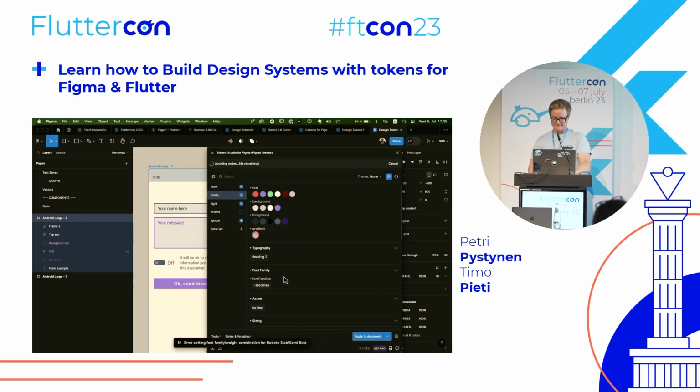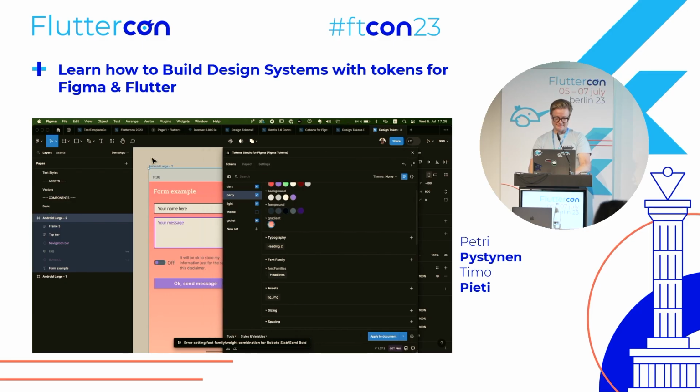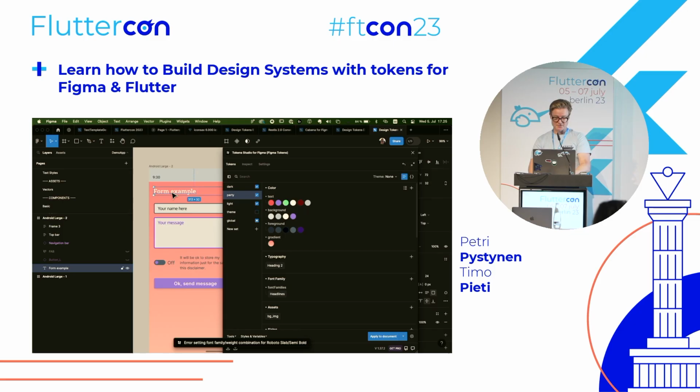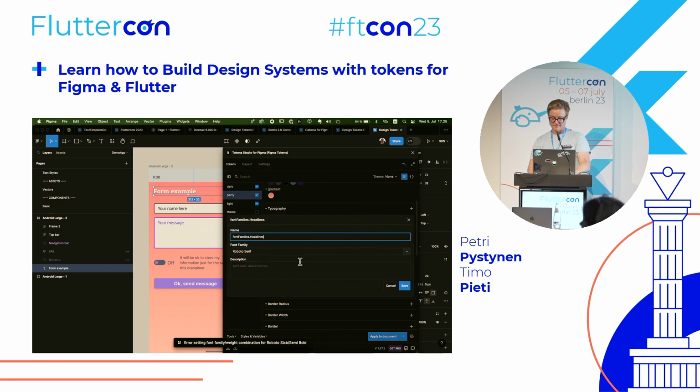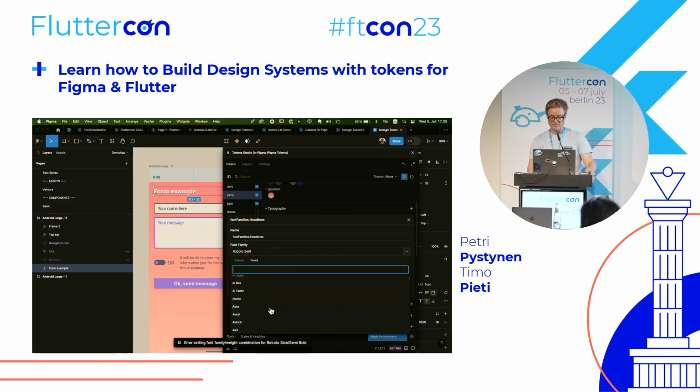Okay, so basically now we have a gradient on the background. And if we want to change the headline font, we can do it just by changing whatever font here. This can be a reference name or you can pick whatever font you like.